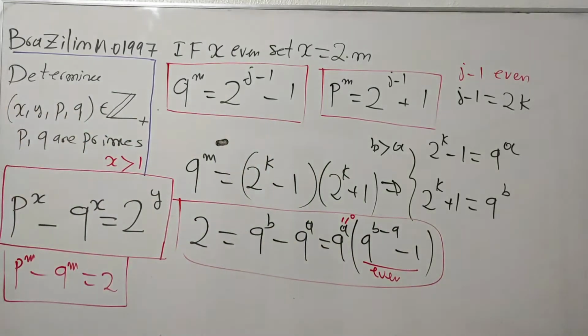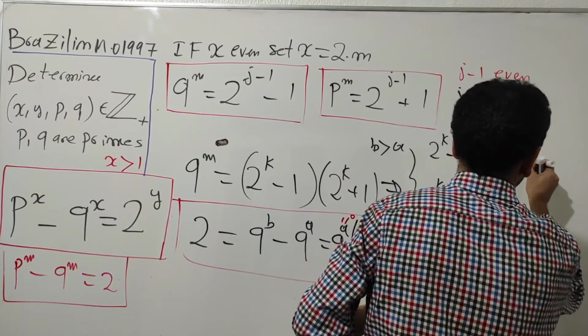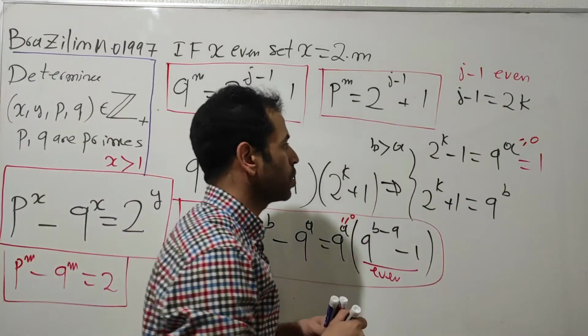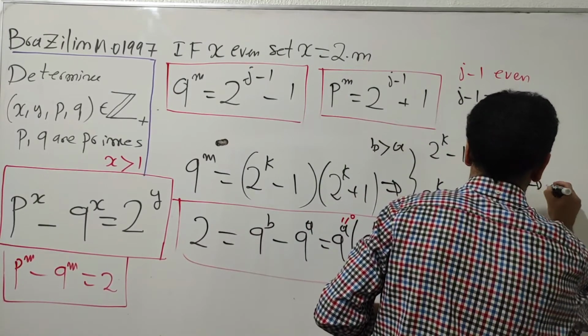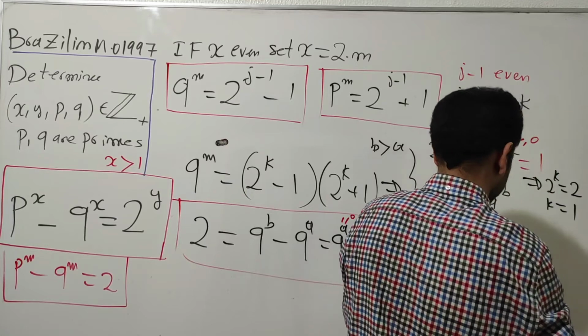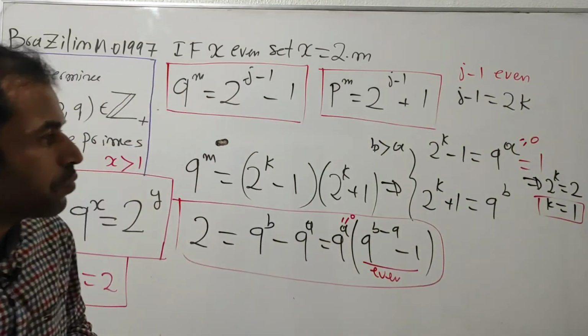So if the exponent a equals 0, this term must equal 1. If this one equals 1, which means 2 to the k equals 2, in other words k equals 1. It's more simple, okay?